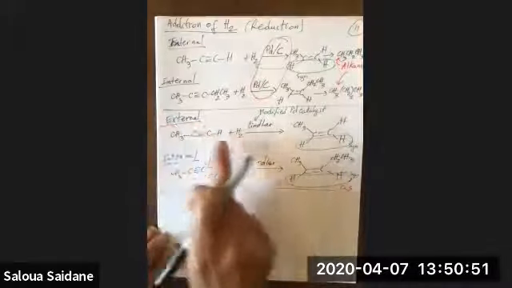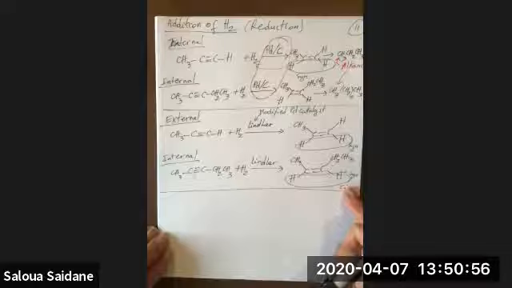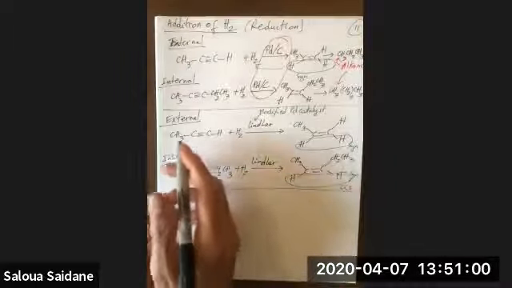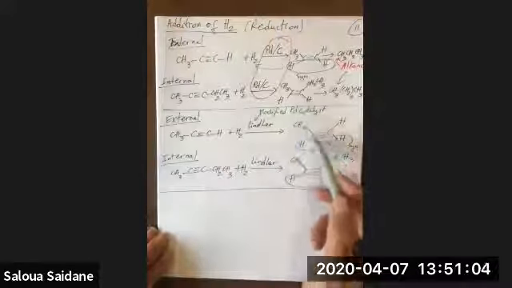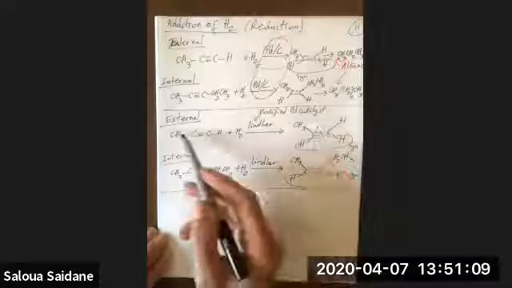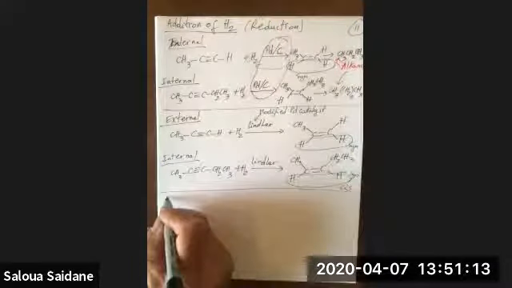If you use Lindlar, you're going to get a syn addition, but you get only the cis for an internal. Of course, there's no point in using Lindlar. We use Lindlar just to stop it there. But if I want the trans, I don't need to use an external, I have to use an internal. But I can show you anyway in case of external.